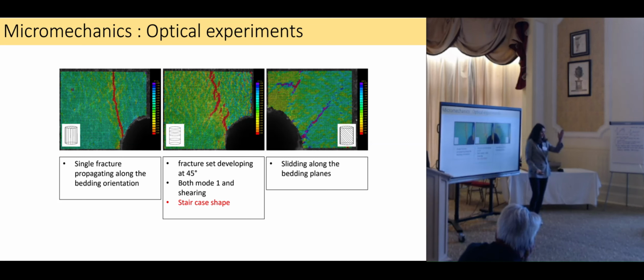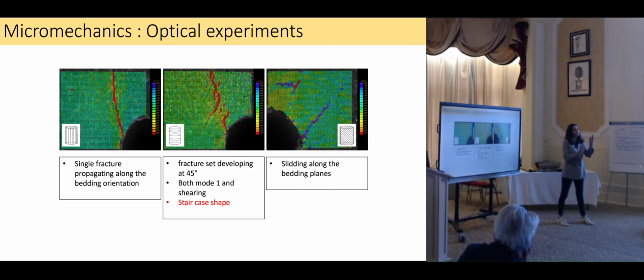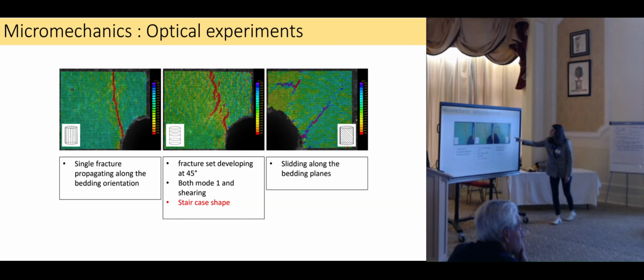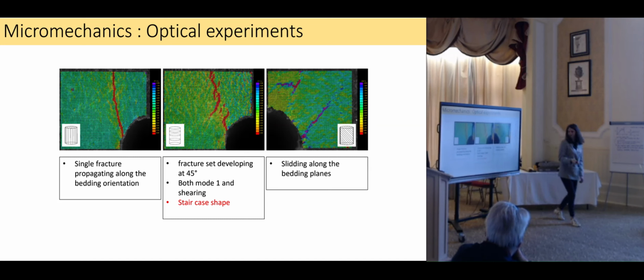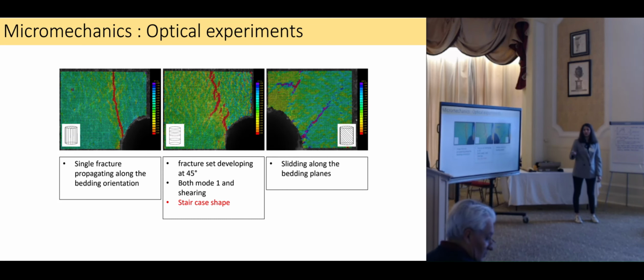So you see that in that case, you're just opening the bedding, which makes sense, to generate the fracture. And when you have a 45 degree bedding plane sample, then you're simply slipping along your bedding planes. But what is really pretty is that beautiful fracture shape, and I would like you to keep that in mind for the following.